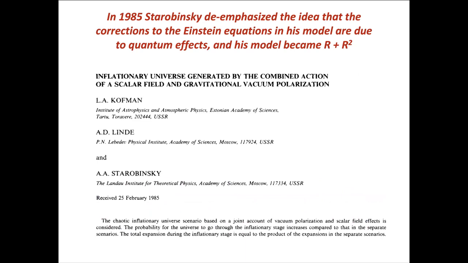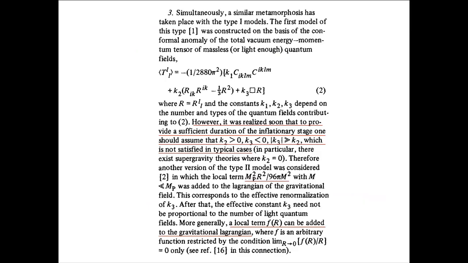It was written in the R plus R squared way, to the best of my knowledge, first in our paper with Kofman and Starobinsky. Starobinsky wrote it. We helped him with other parts of the work in this paper, but he wrote the explanation of why he decided to drop the idea of quantum corrections as the origin of this T mu nu, and instead suggested adding this R squared term to the model.